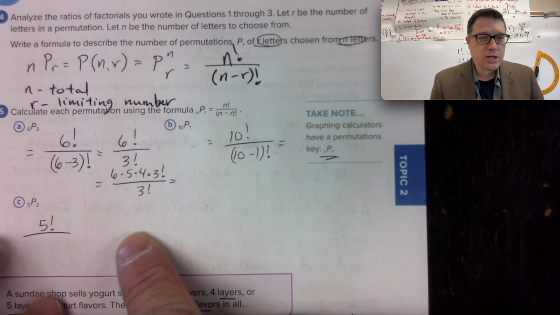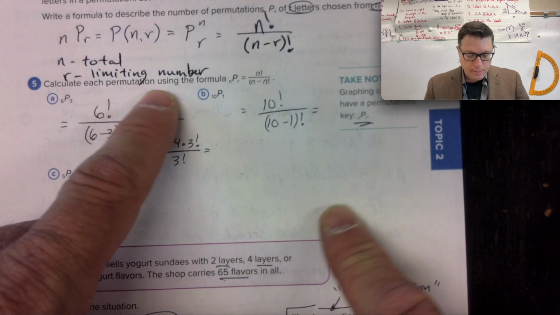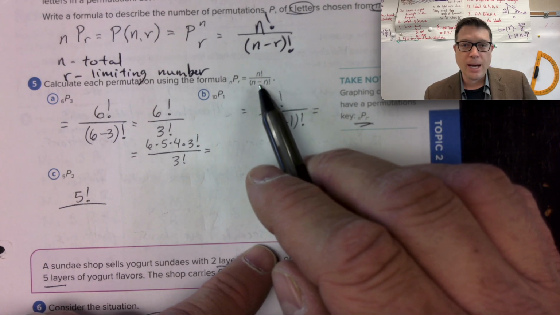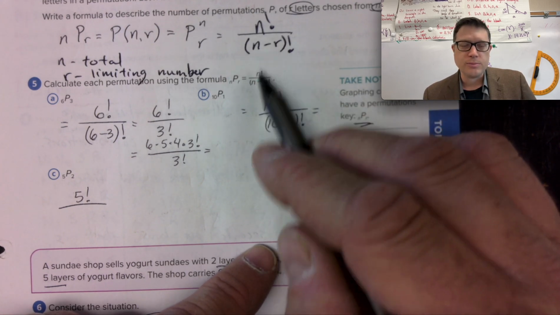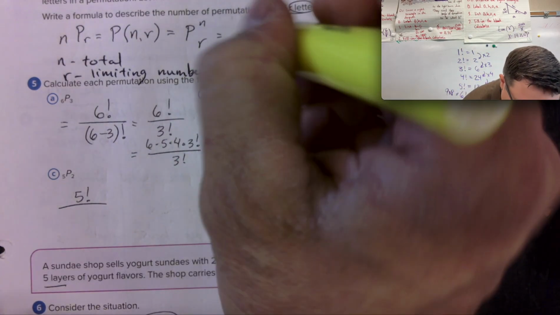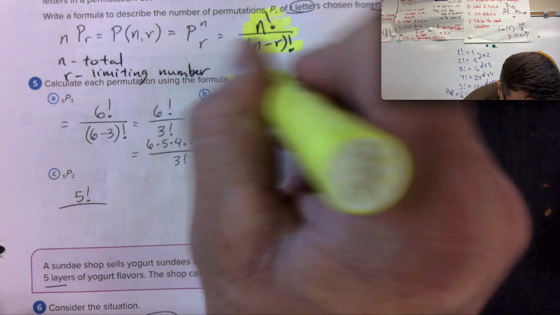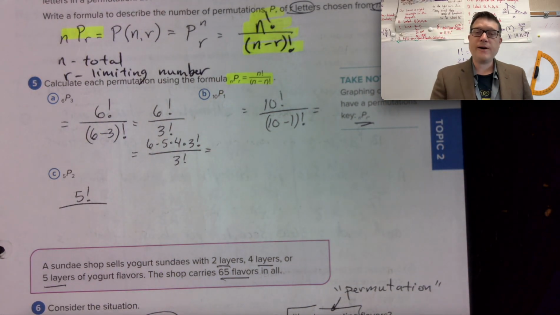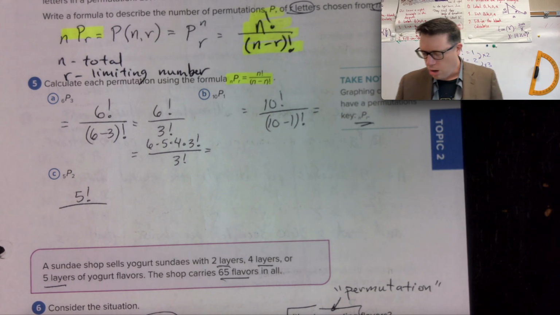In fact, here it is in question 5. Calculate each permutation using the formula N factorial over N minus R. Oh, there it is. Hey-o, reading ahead helps sometimes. Reading ahead gives you the formula. Okay, so our formula is N factorial over N minus R factorial.